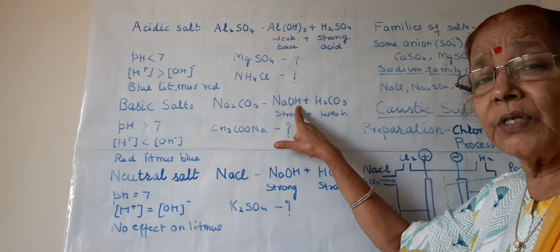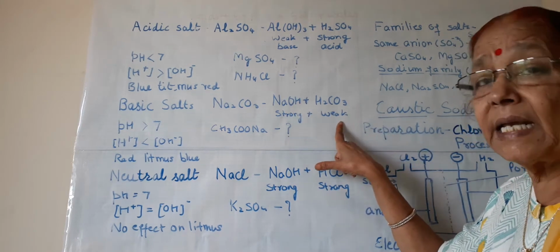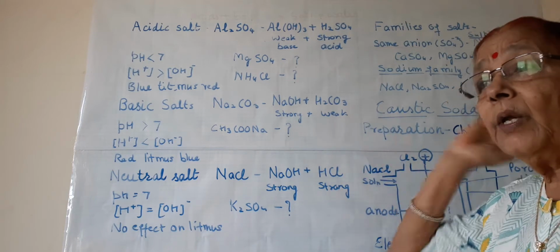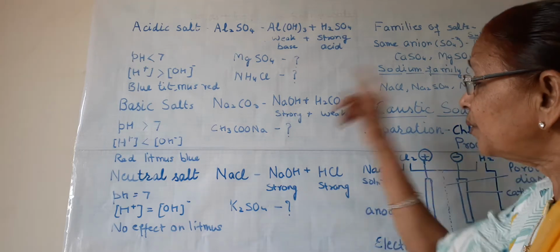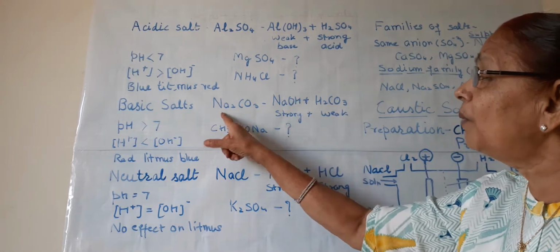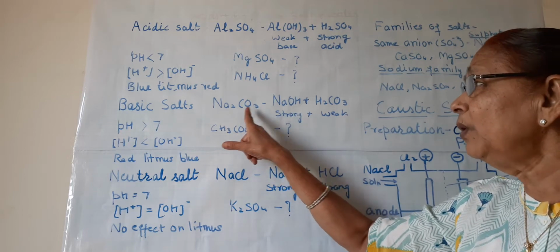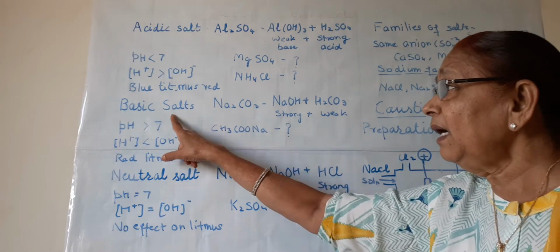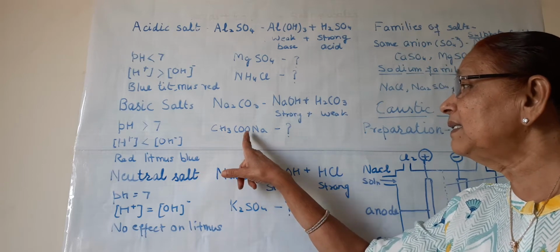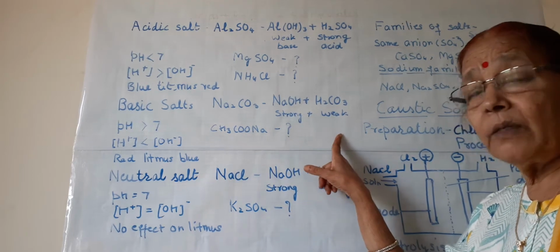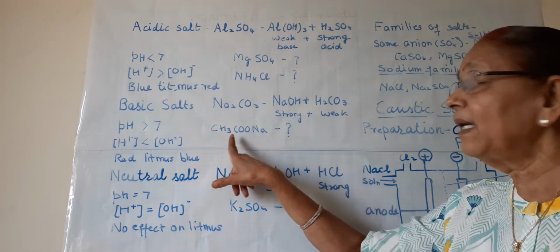So NaOH is the strongest base, and when this strong base reacts with a weak acid, carbonic acid, though it is a mineral acid, it is a weak acid. So when they both combine, sodium carbonate, Na2CO3, is formed, which is a basic salt. Likewise, sodium acetate. You have to write in the comment box what are the two components of this sodium acetate.